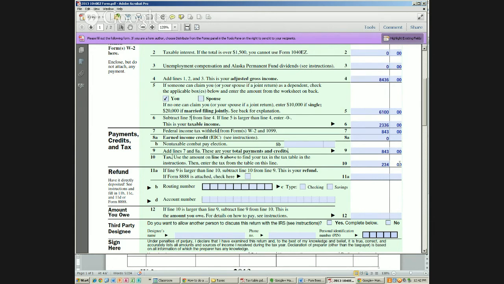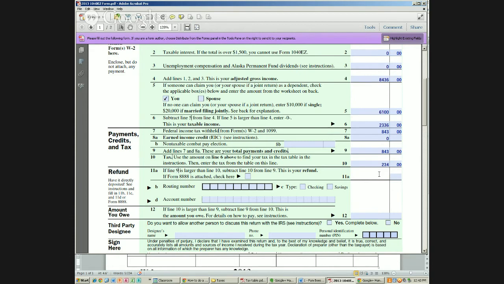So if you read right here, it says, if line 9 is larger than line 10, subtract line 10 from line 9. This is your refund.